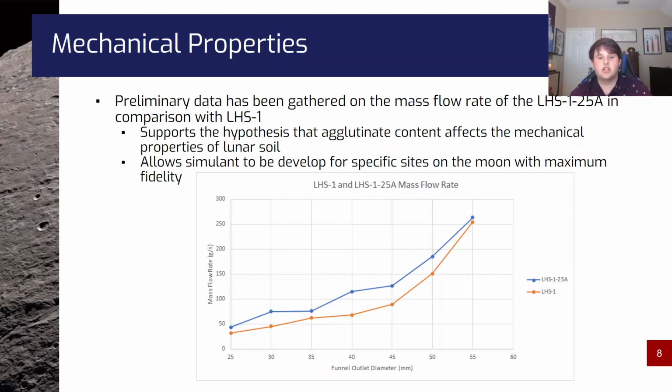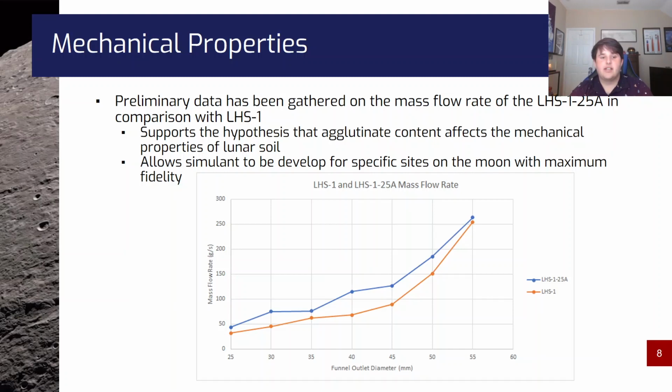What this data shows here is that there is a significant difference in the mass flow rate between LHS-125A and normal LHS-1. This supports the hypothesis that the agglutinate content affects the mechanical properties of the lunar soil, as we expected. I just want to make it clear this is extremely preliminary data, and we'll be working more with it to get more data and more accurate results.